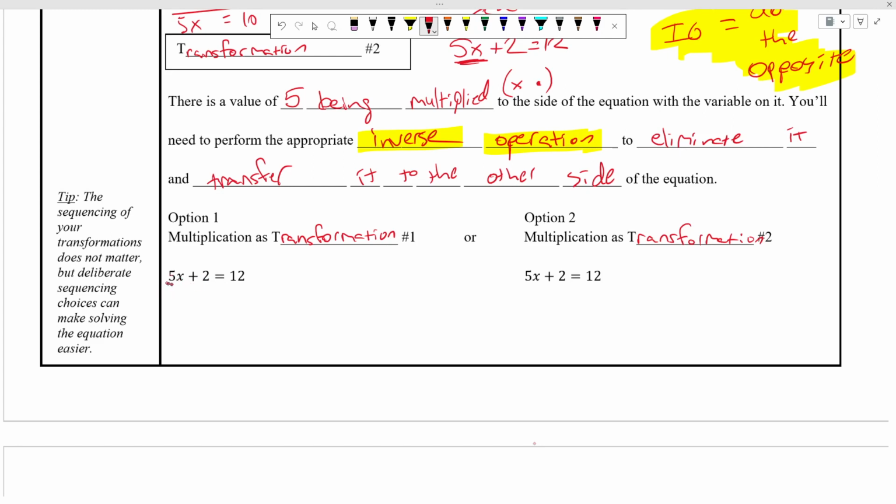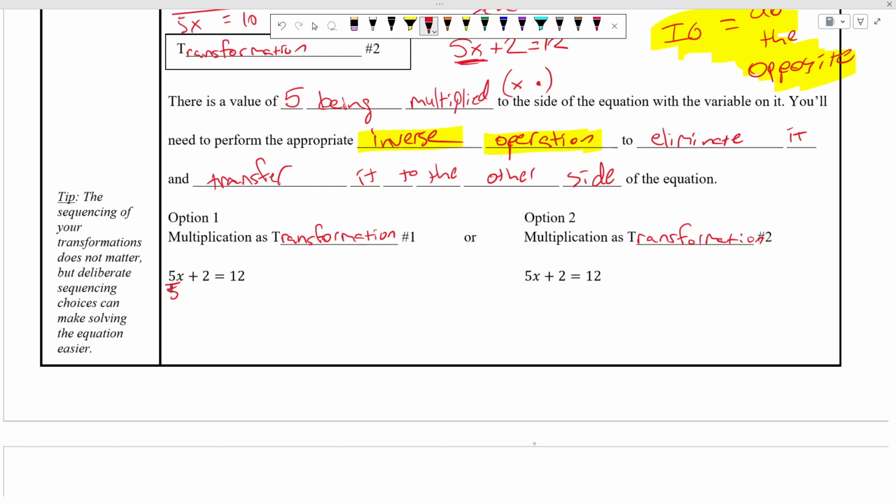I recognize that, as I said earlier, this 5 is being multiplied by this variable. So, performing the appropriate inverse operation, to do the opposite here, I would need to divide by 5.